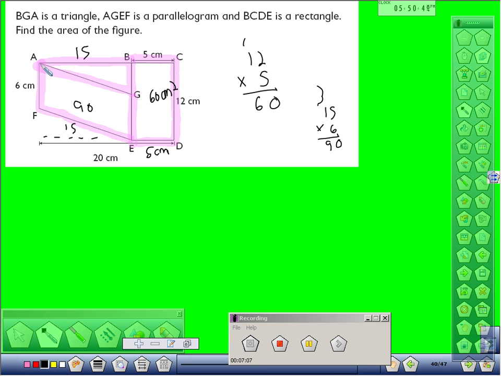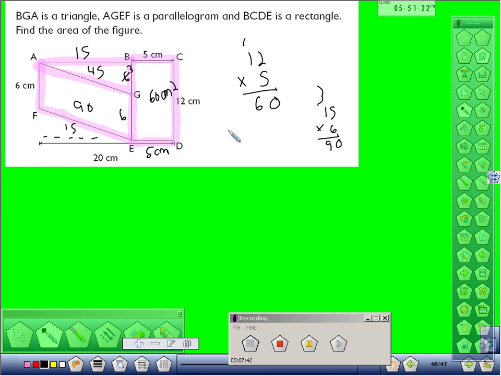We know this is 6, so if this whole thing is 12 and this piece is 6, wouldn't this also be 6? Because 6 plus 6 is 12? Well, yes, it would. So now we do the formula for the area of a triangle. We take half of 6, which is 3. 15 times 3 is 45, so this is going to be 45.